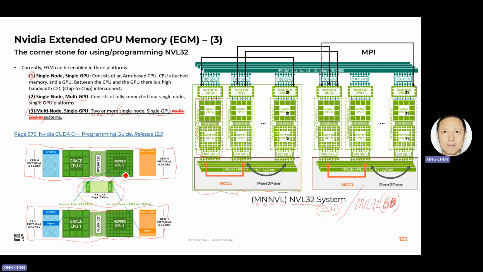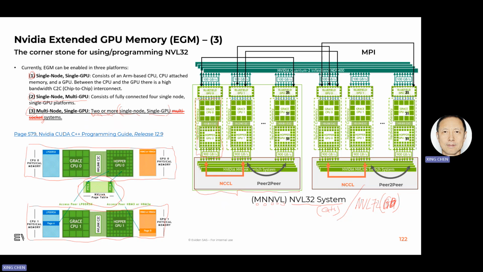GPU 0 checks this page table, finds out this virtual address to physical address translation, and then this GPU is going to use this translation to reach the destination to get the data that it wants to get.